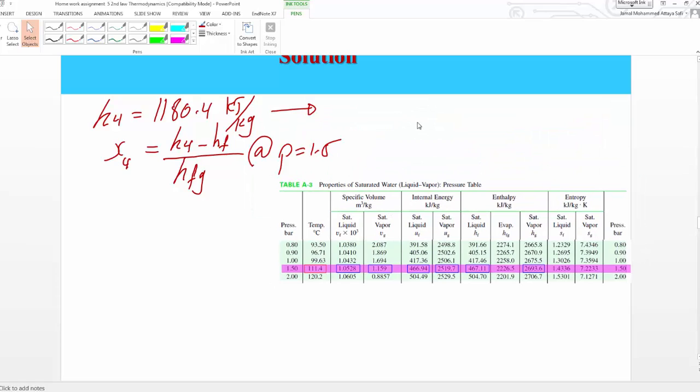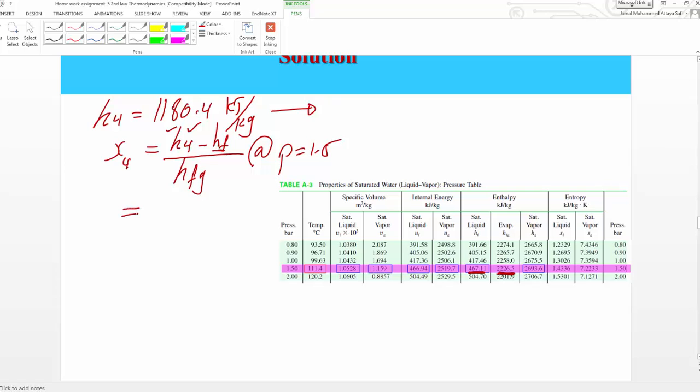And you can see what it's telling me is that to find X4, H4 is already calculated. HF is here, I can just bring it from here. And HFG is from here. So I have this number, and I have also H4 as 1180.4 kilojoule per kilogram, and that's going to give me X4.